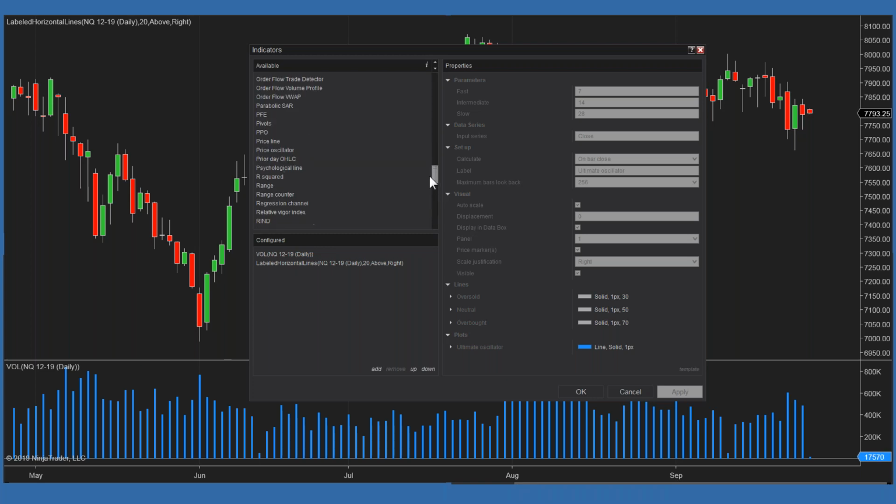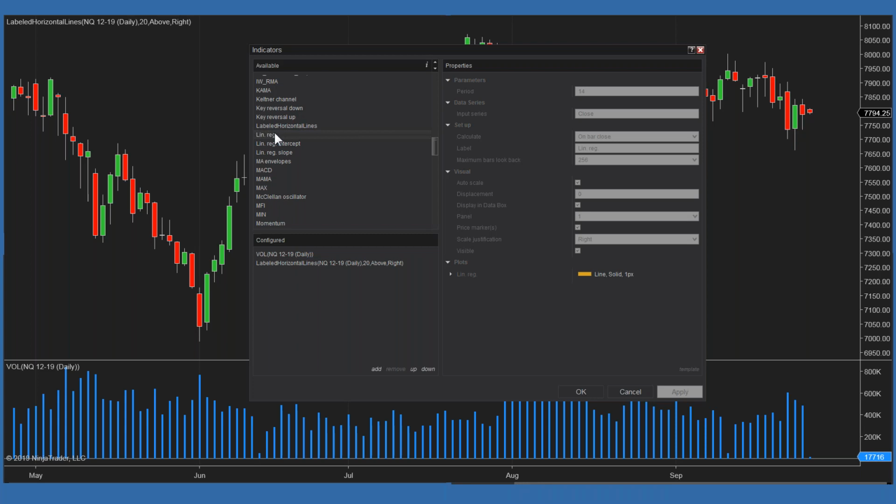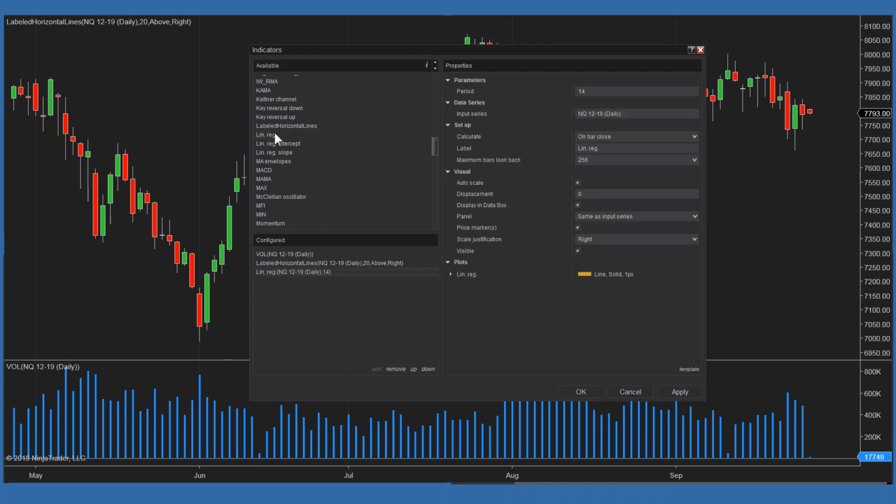I thought we would play with linear regression lines. Ooh, the crowd says, what are linear regression lines? Well, linear regression lines, it's a statistical model.